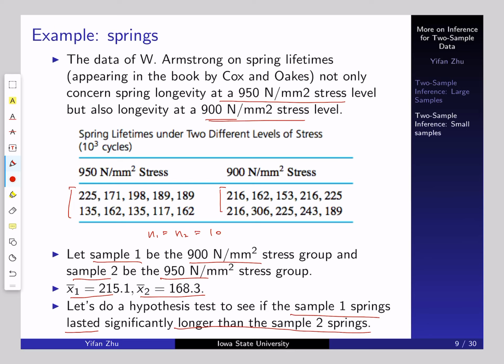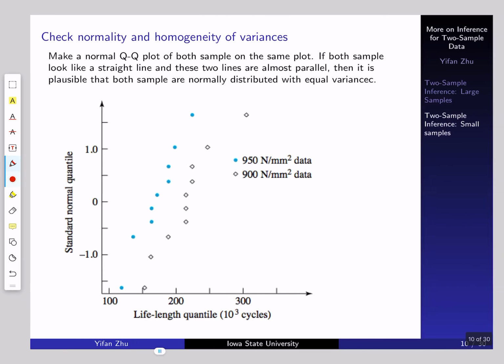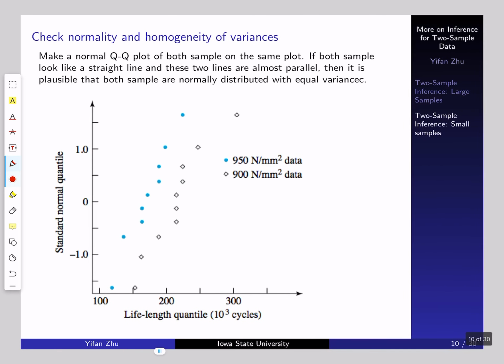So that means the alternative is mu1 minus mu2 is greater than 0. And remember that we have some assumptions about the population. We are assuming that the data are normally distributed with equal variances.